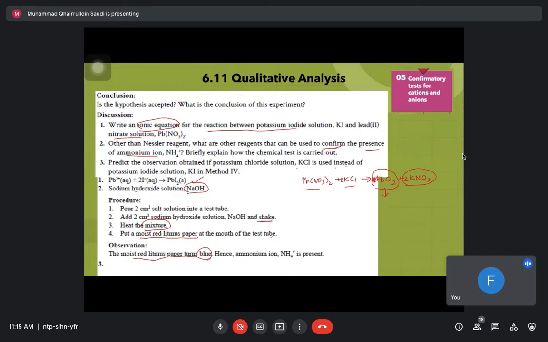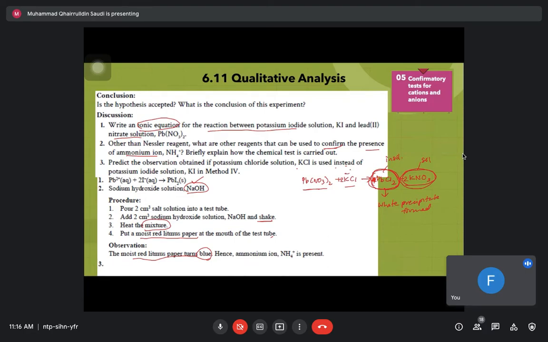Saya tak tanya dia punya nama. Saya tanya apa observation yang awak boleh dapat. What is the observation that you will get? White precipitate is formed. Yes, good. Kenapa white precipitate? Sebab lead chloride is formed. Lead chloride is insoluble. Yang ini soluble.